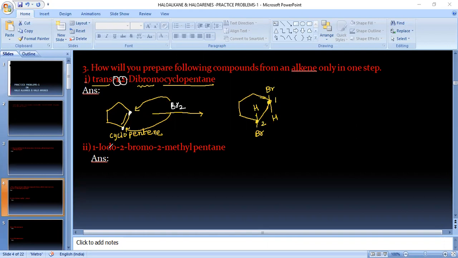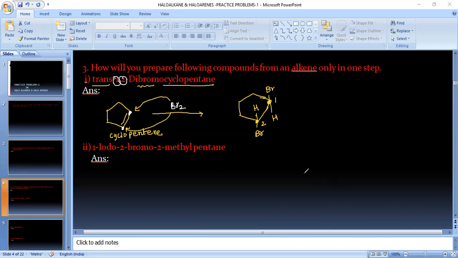So here is a very interesting one: 1-iodo-2-bromo-2-methylpentane. The first carbon has iodine, the second carbon has bromine, and on the same second carbon there is a methyl, on pentane. So first try to write down that product.